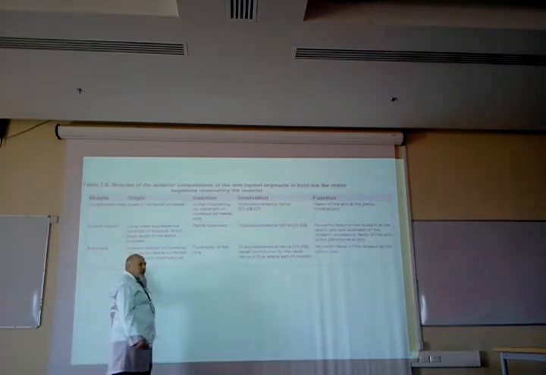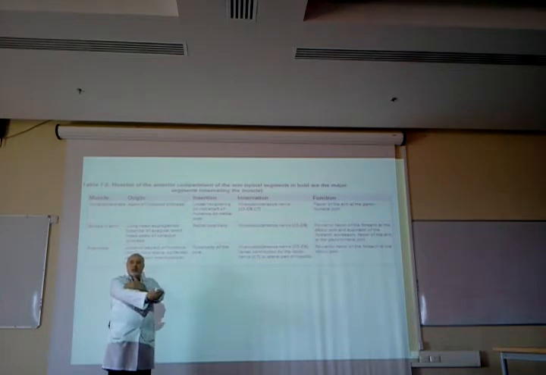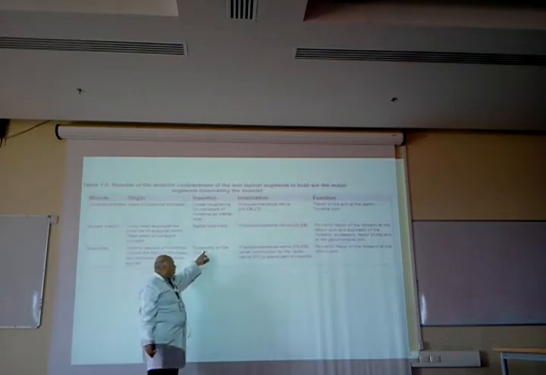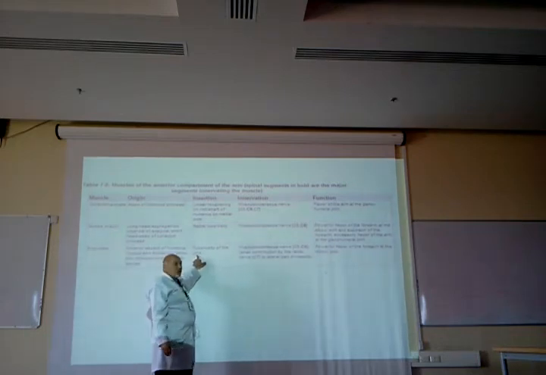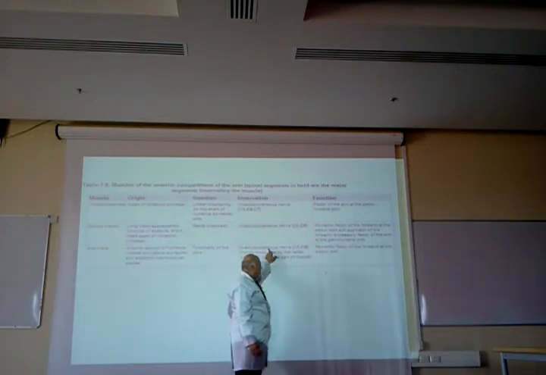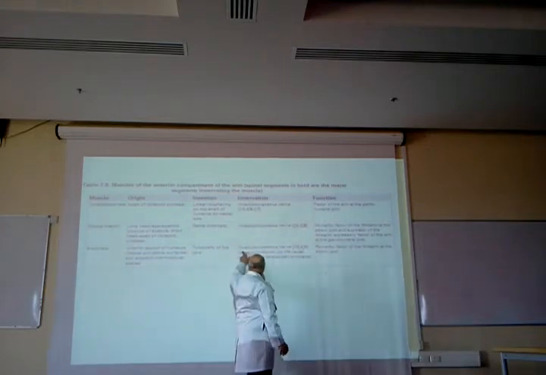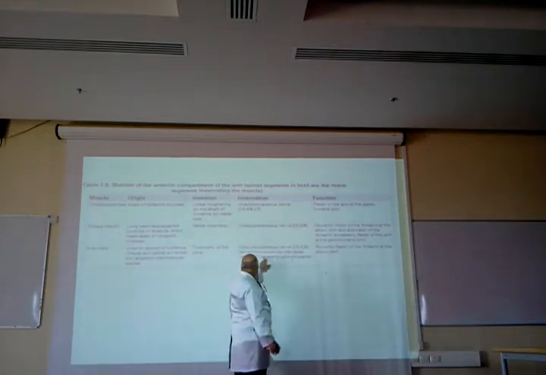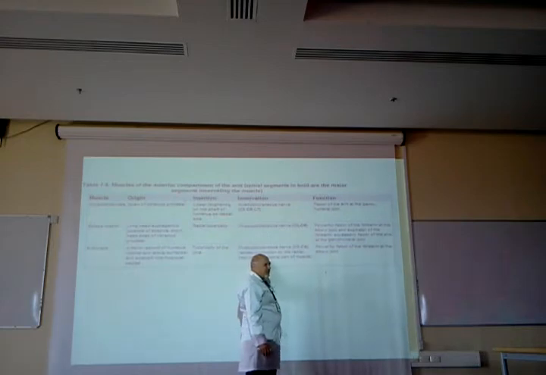Anterior aspect of the humerus, medial and lateral surfaces, and adjacent intermuscular septum. We have the medial intermuscular septum and the lateral intermuscular septum. And the tuberosity of the ulna, which is called the coronoid tuberosity. Nerve: musculocutaneous nerve, C5 and C6, and radial from C7.